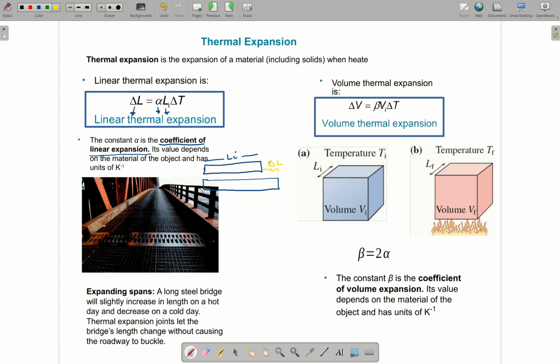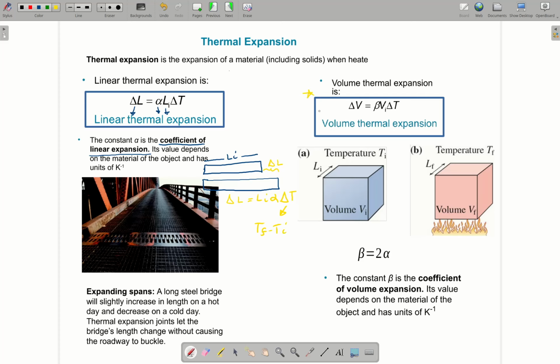And to calculate that, we multiply the initial length with an expansion coefficient related to the material we have times how much temperature changed in the summer, delta T. You guys know what delta is, change, so the final value minus initial value of the temperature.